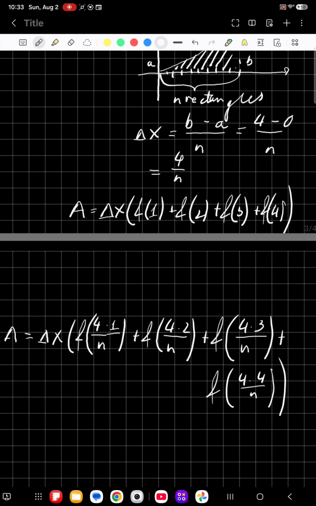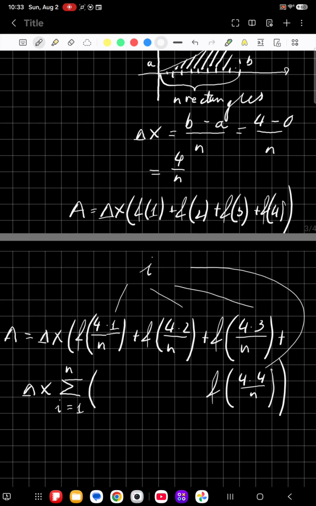Now you see this 1, 2, 3, and 4. That's going to be our i. If I write it in a more general form, that delta x is going to be in front. Now I have that sum, where i goes from 1 to 4 technically, but let's make it more abstract again.